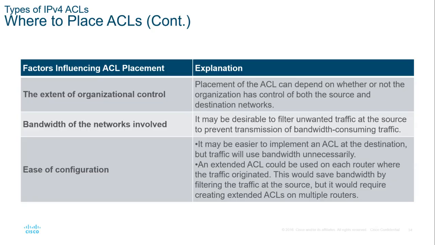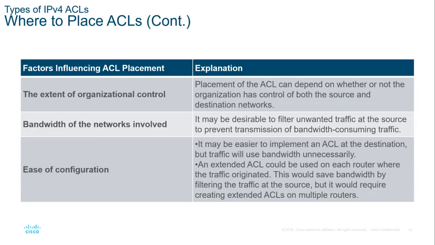You're not going to be on the client's network and then want to control the interface that is owned by the service provider. No way. Two, bandwidth of the network involvement. Just make sure that you try to control unwanted traffic onto the network to utilize the available bandwidth.